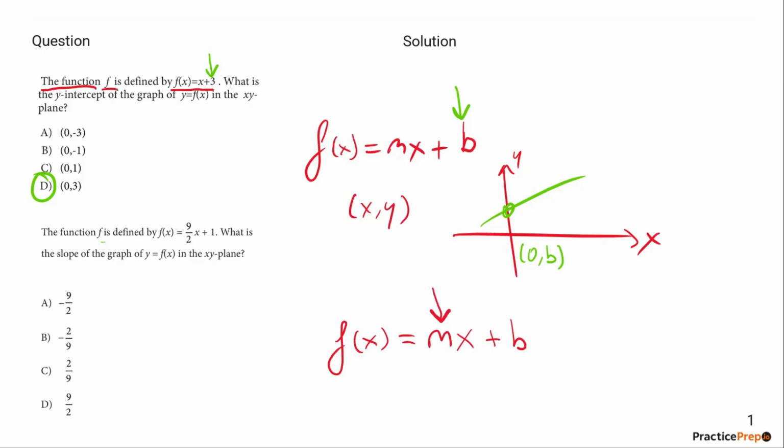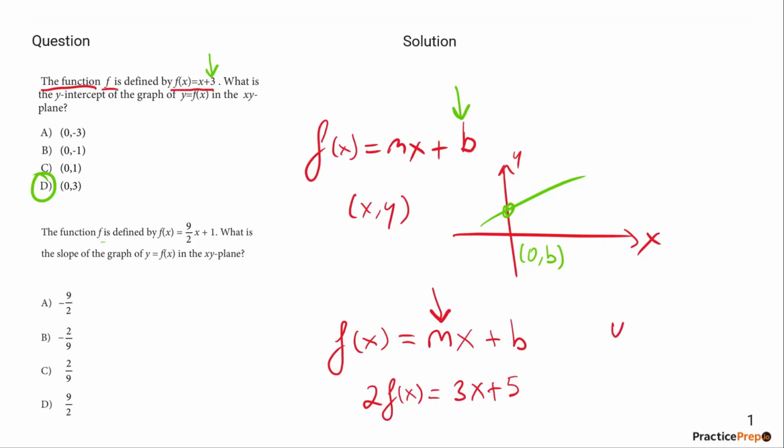Please remember that in some situations, they're going to write something like 2 times f of x is equal to, let's say, 3x plus 5. In this case, you will have to divide both sides by 2 because f of x has to be alone for you to be able to see the slope.